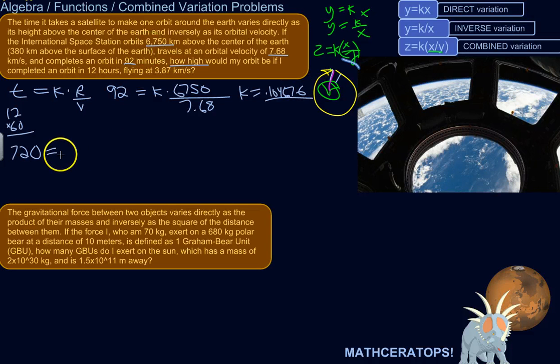Equals some constant, so the constant we figured out was 0.104676 times r, which we don't know, and the velocity is 3.87 kilometers per second. So now we can solve this for r. So what I can do is divide both sides by that constant, and then multiply by 3.87 to get r.